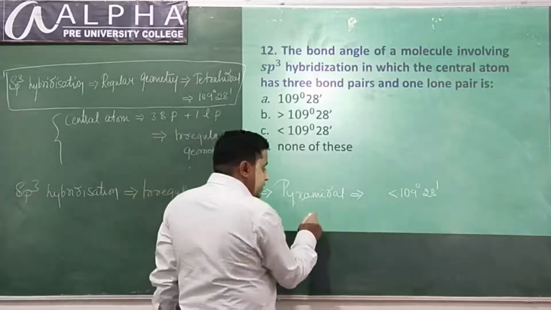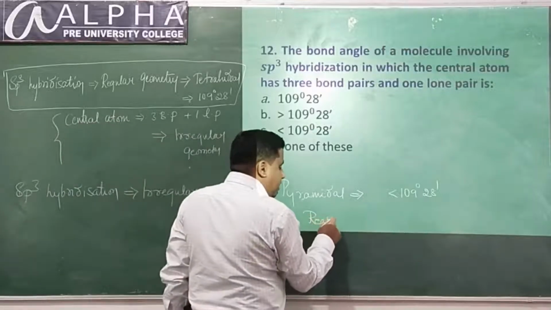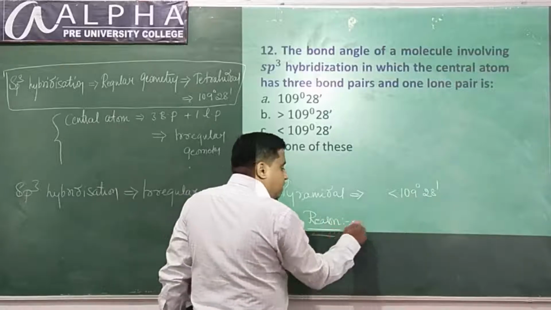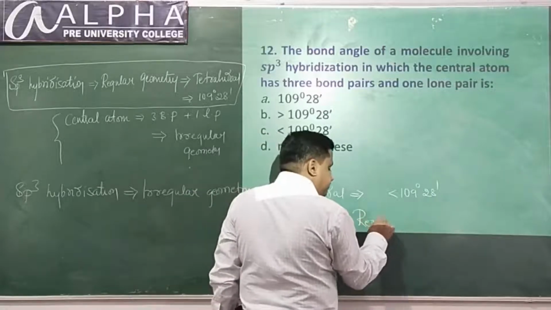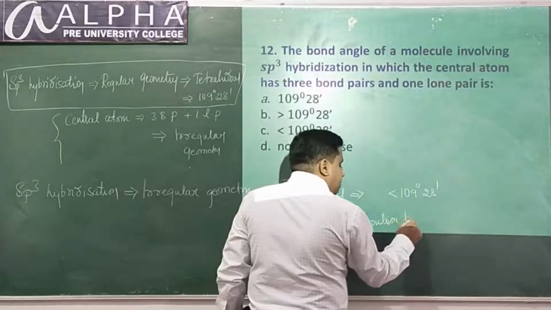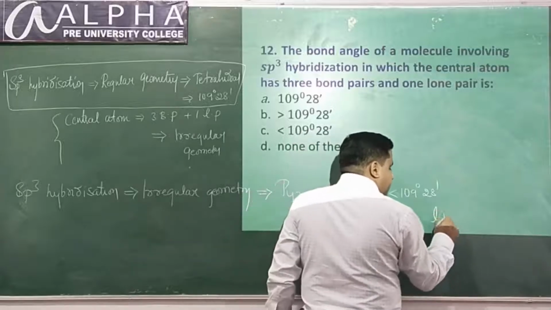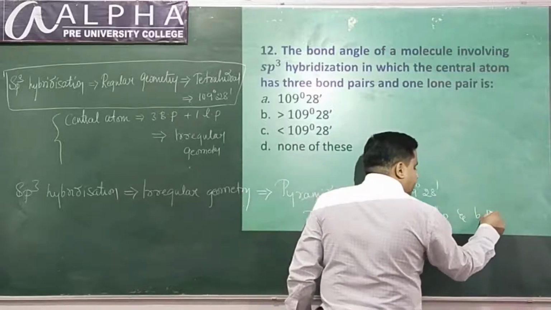The reason for the lesser bond angle here is the repulsion between lone pair and bond pair of electrons.